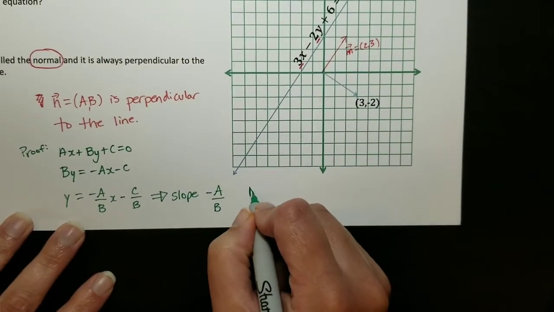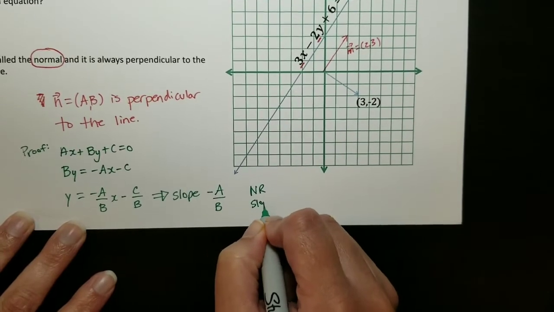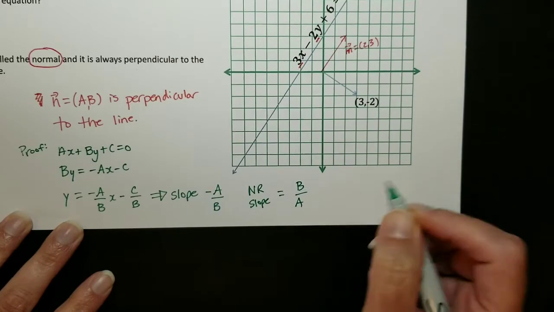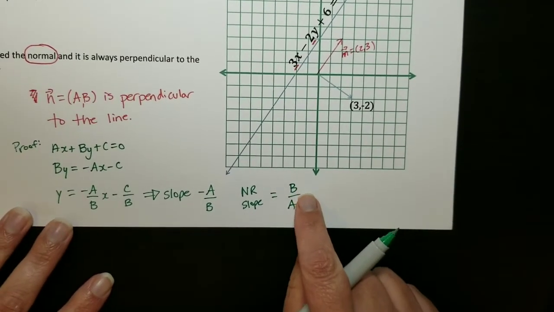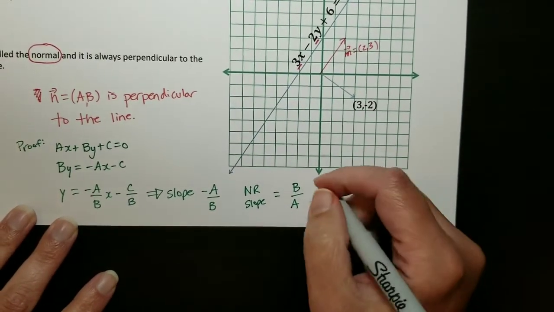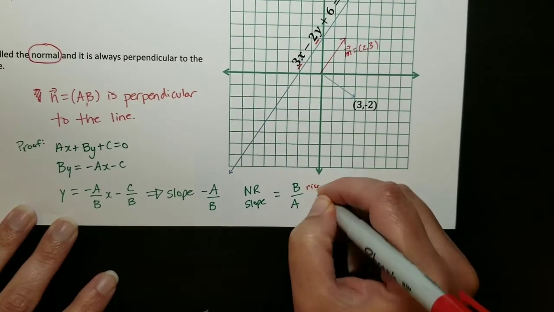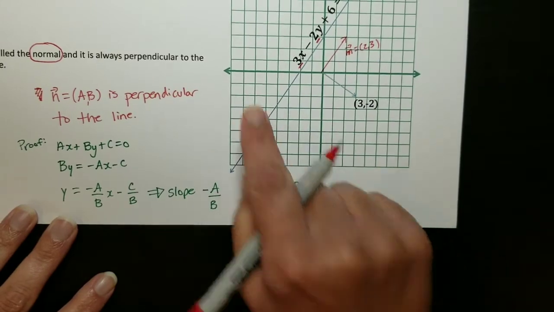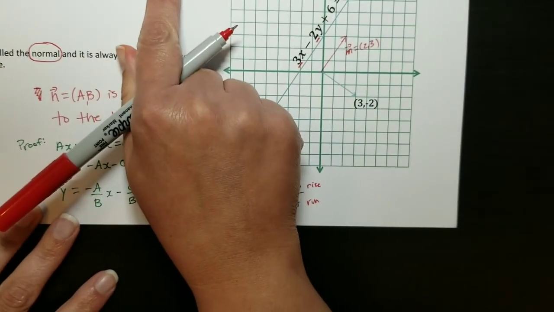So that means the negative reciprocal slope is b over a. And I think that you guys can see that this is the rise and the run. So if we had a rise of b, that's my y value, right?